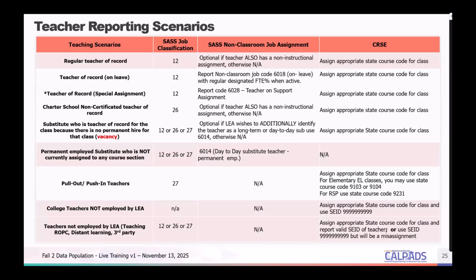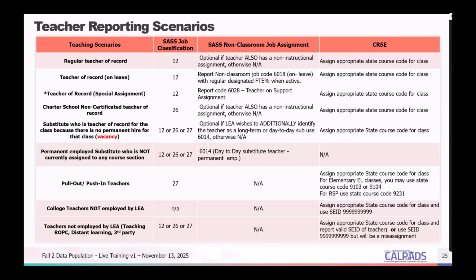Another scenario is permanently employed substitute teachers not assigned to a course. You would use job classification code 12, 26, or 27 and report the support assignment code of 6014, day-to-day substitute permanent employee.